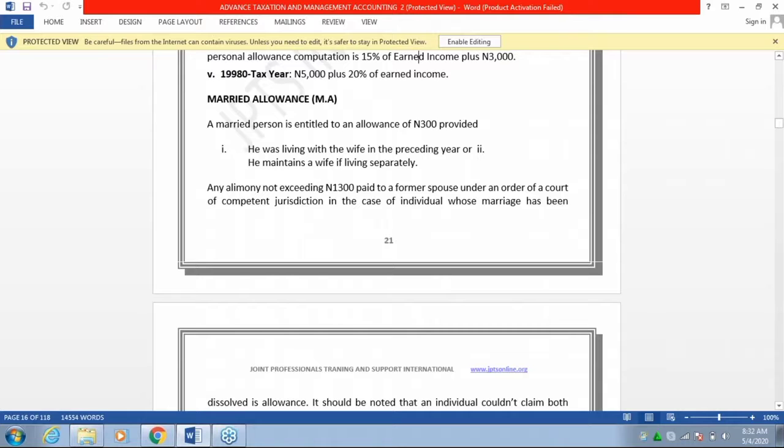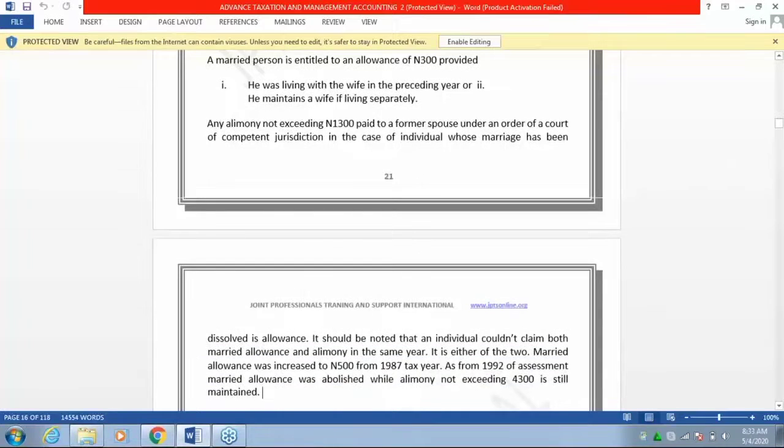So any alimony not exceeding 1,300 paid to a former spouse under an order of a court of competent jurisdiction, in the case of an individual whose marriage has been dissolved, is allowed.